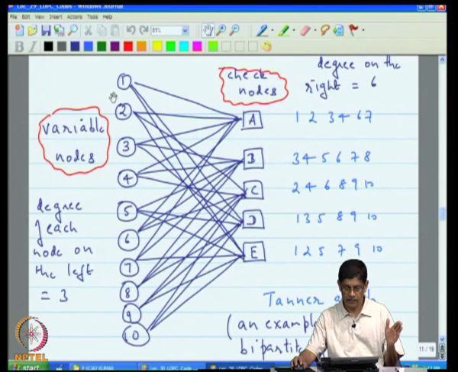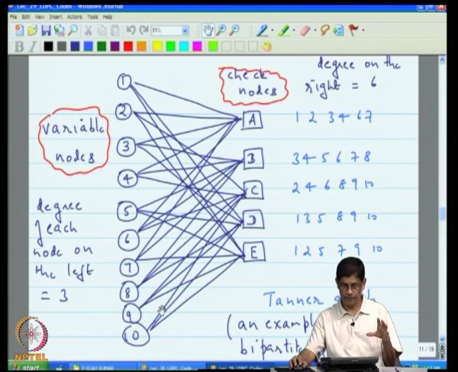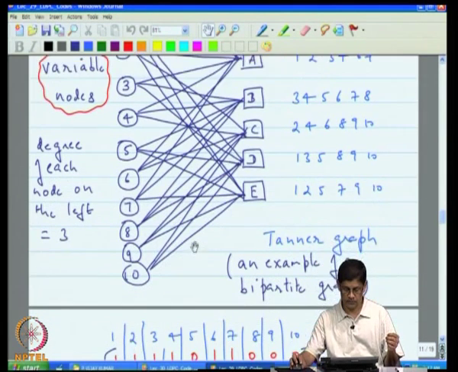And because under the DV-DC regular condition, the degree of each node is a fixed constant, the decoding complexity, which is typically proportional to the number of edges in this graph, is linear in the number of code symbols.